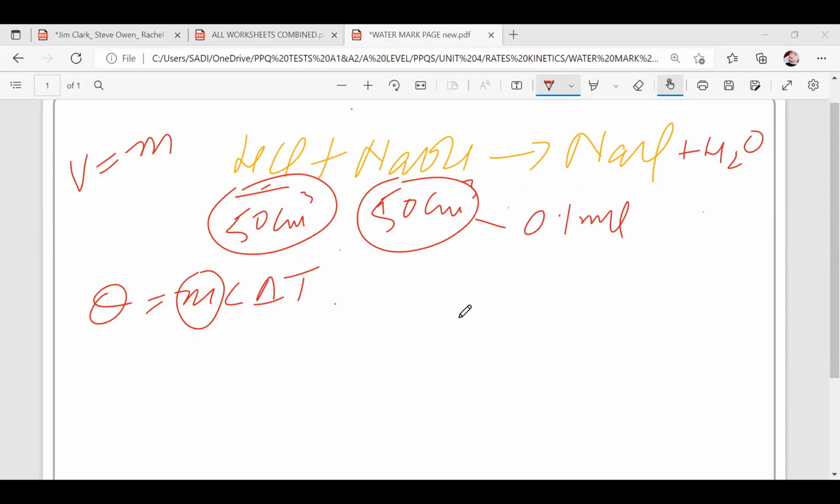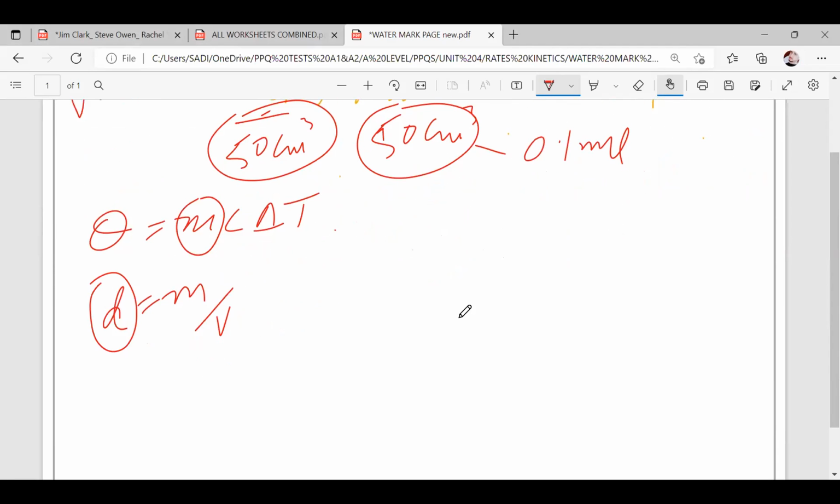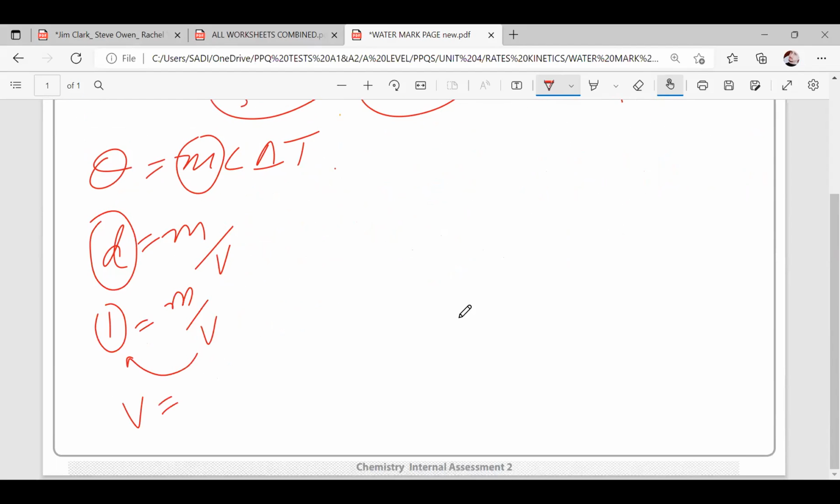We know that density is equal to mass over volume, right? Now, the density of any aqueous solution is equal to 1. So mass divided by volume, if I shift the volume to the other side, I'll say that volume is equal to mass.